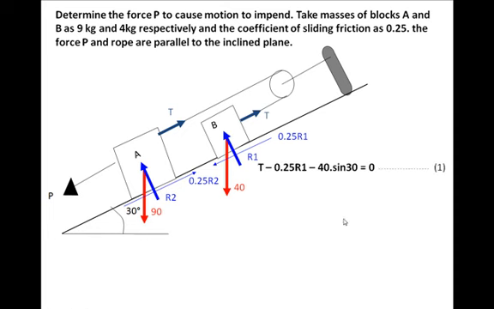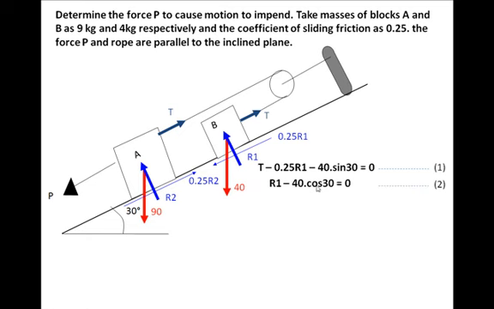So if we do that, we can write sigma Fx equal to 0, telling us T minus 0.25 R1 minus this 40 sine 30 equal to 0. Now, direction of motion we take as positive. So, since B is going up, all forces in upward direction here or towards our right are positive, towards our left are negative, and that's how these positive and negative signs are coming.